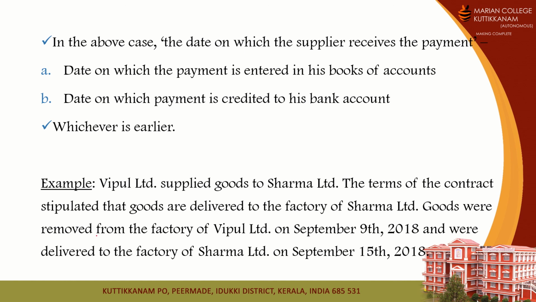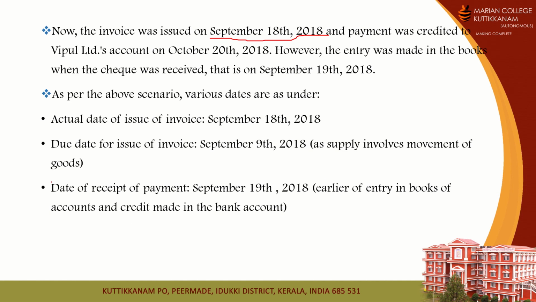That means when the goods are removed from the factory. Whenever the goods are removed from the factory of the supplier, that date will be the due date of issue of invoice. So within September 9th, the invoice should be issued. That is the meaning. So here the due date for issue of invoice is September 9th.